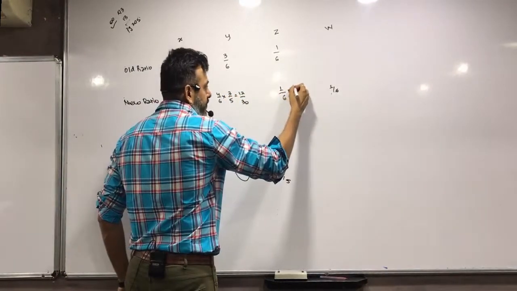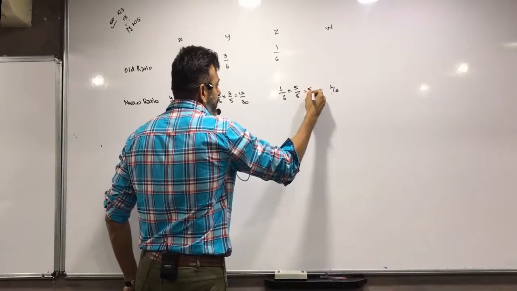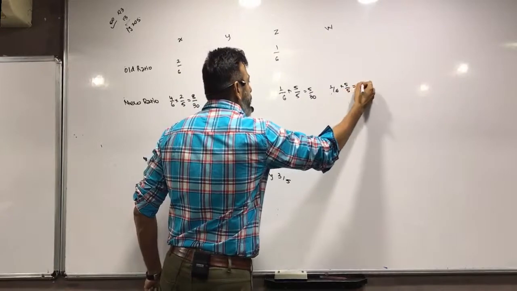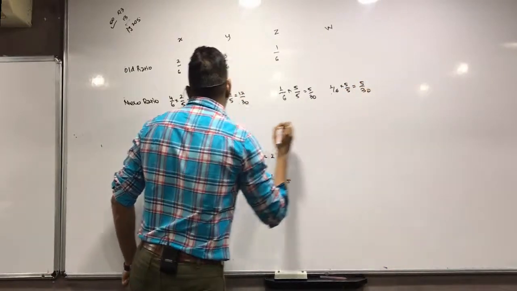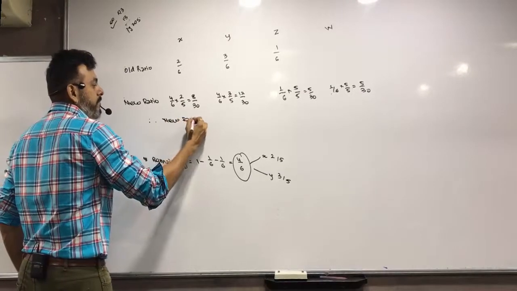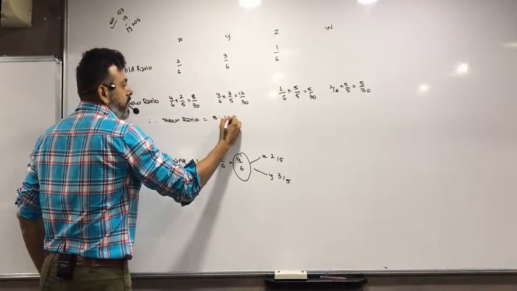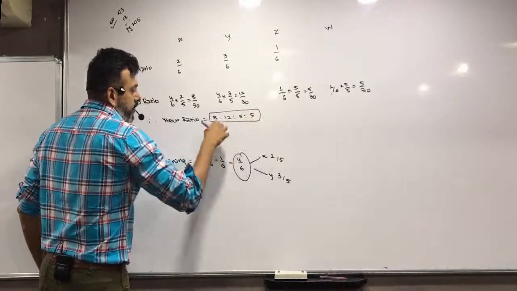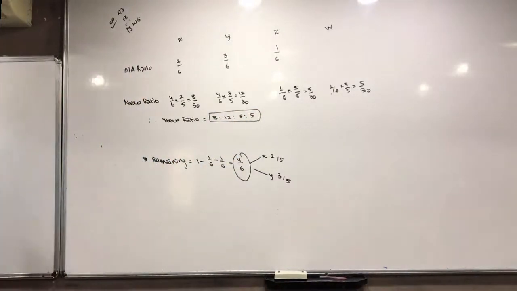And this will be 5/30, and this will also be 5/30. Therefore, new ratio is 8:12:5:5. Let's check. Total is 30.